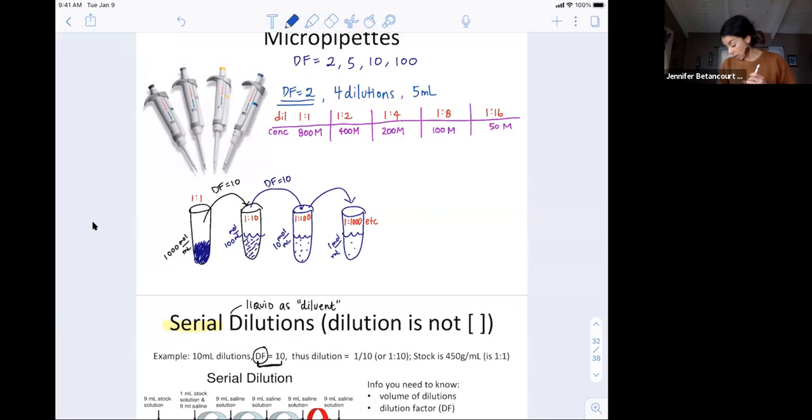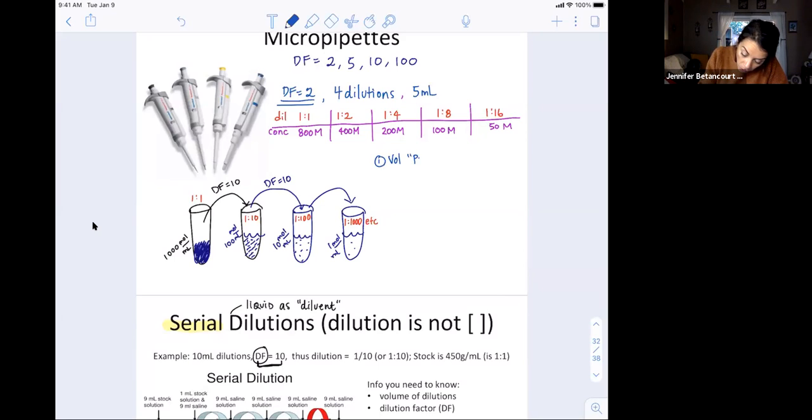So the first piece of math that you need to do is solve for the amount of previous solution you need. So the volume, and I'm going to put it in quotations right now, previous solution needed.